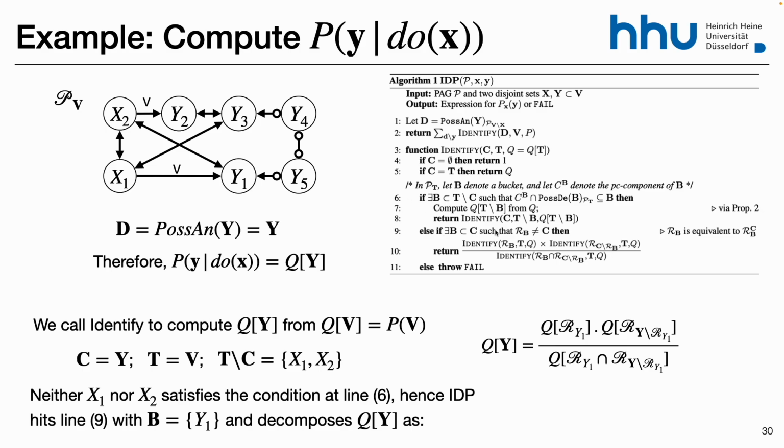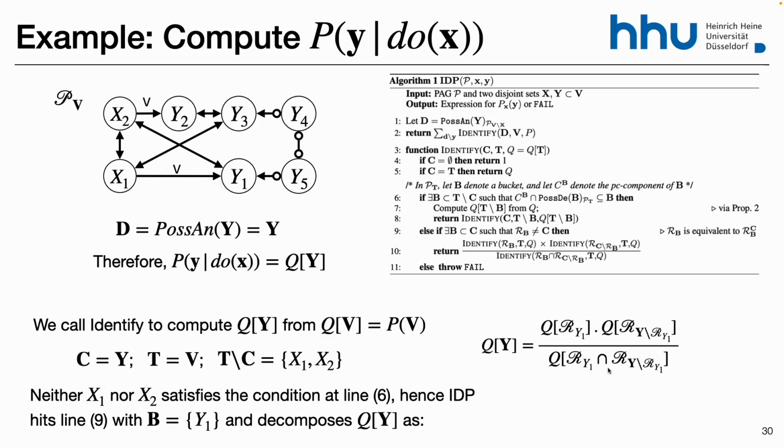So I go to line 9, where I have to decompose the problem, and I chose Y1 here. I just need to get any bucket B contained in C, and my C is all the Ys.